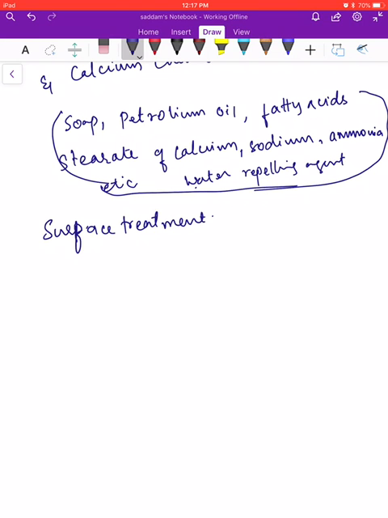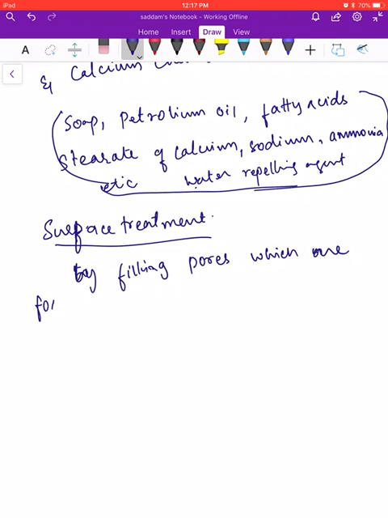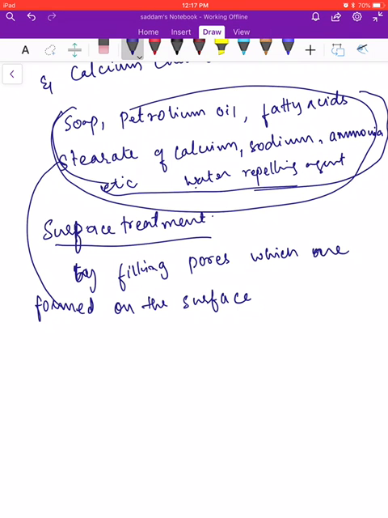So surface treatment of DPC is done by filling pores which are formed on the surface, and water repellent materials are used. Okay, so this is the second method.